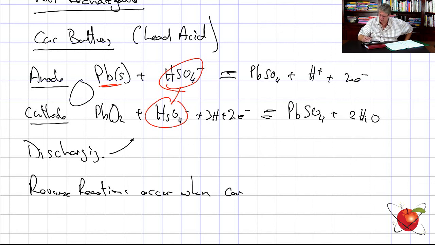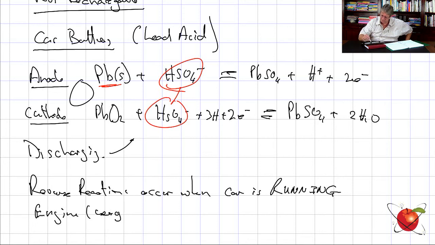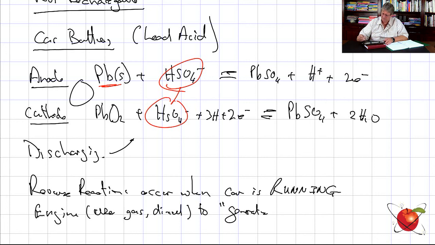when the car is running. Because when the car is running, the engine is turning over. The engine, we know, now becomes a generator, doesn't it? The engine starts generating. It actually becomes a dynamo. It charges up the cell. The engine uses gas, diesel, to generate current.